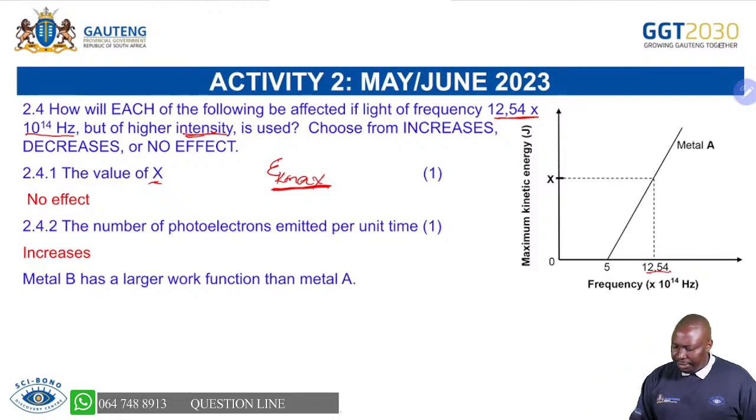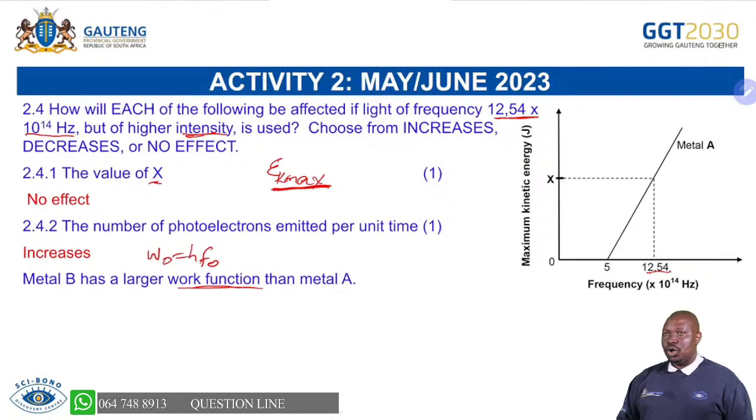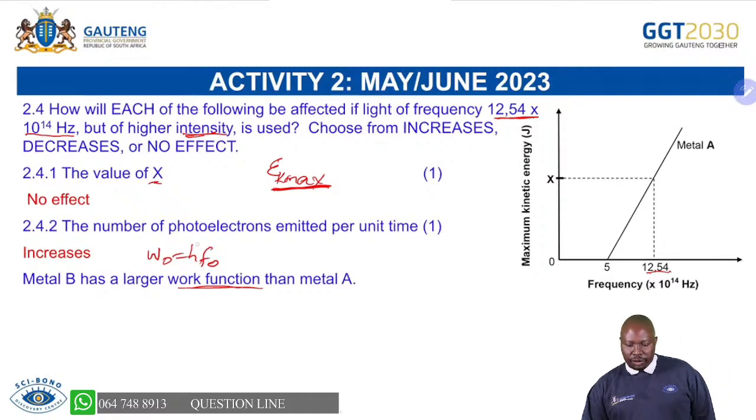Now they talk about another metal that has a larger work function. Remember, larger work function means larger threshold frequency, because work function is given by h f0. So immediately when you say larger work function, remember h remains constant, which means we are increasing f0, or threshold frequency.